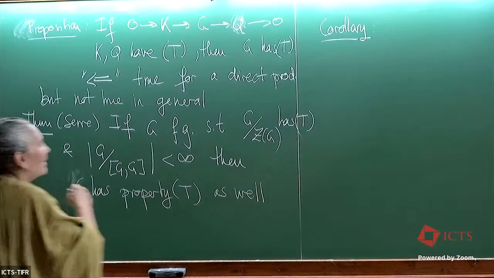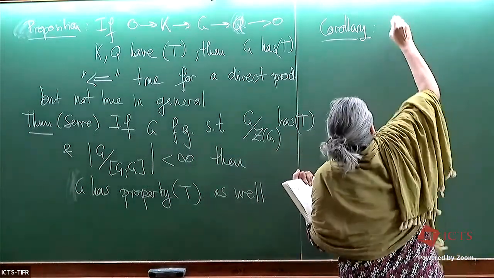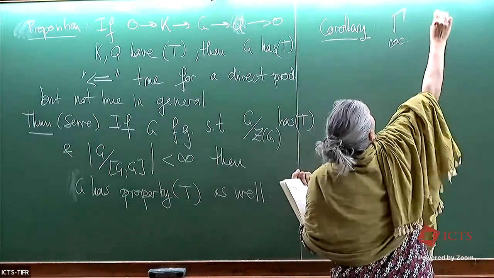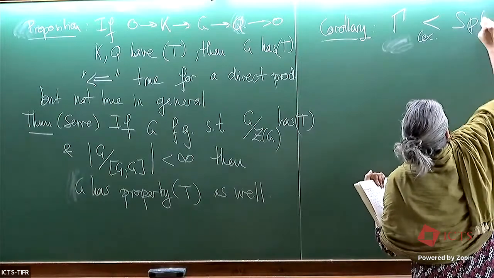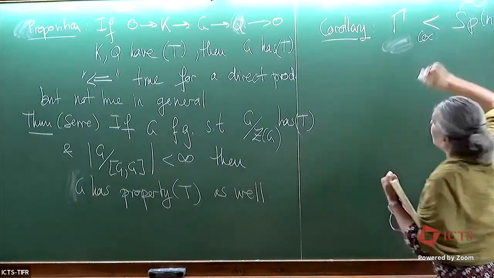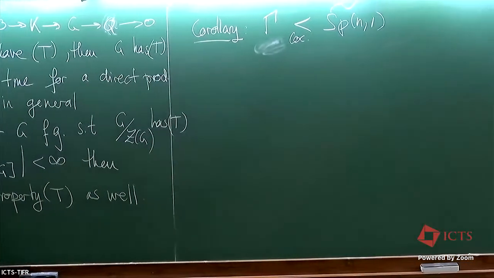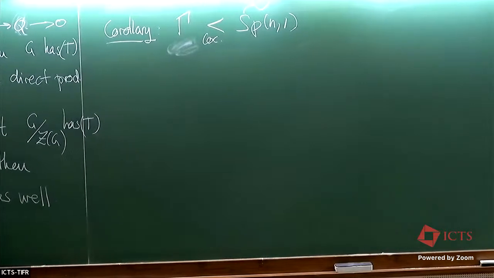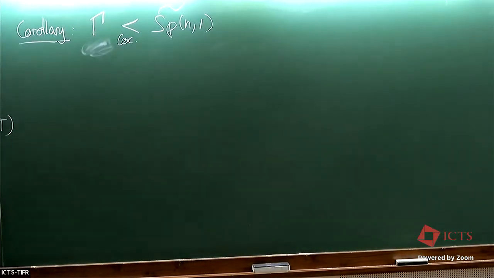So the corollary is that if you take a co-compact lattice in SP(N,1) twiddle, which, part of the story that I'm telling you, SP(N,1) is not simply connected. It has a universal cover.